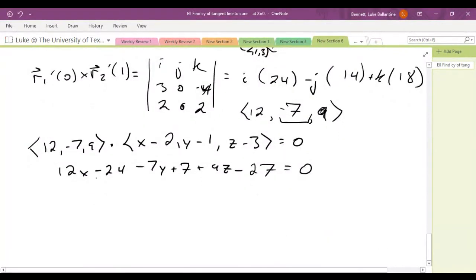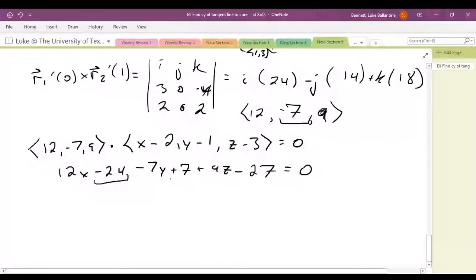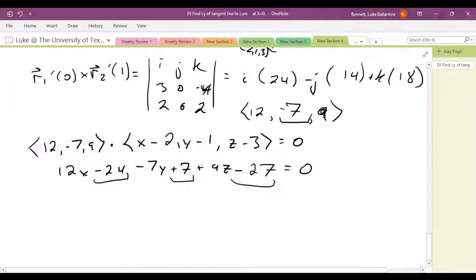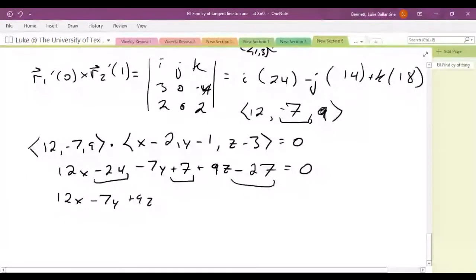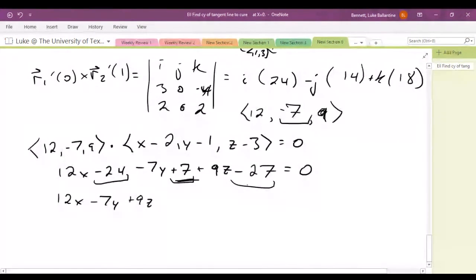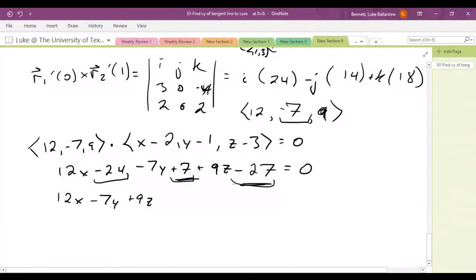Now start collecting the constants. Okay, so 12x minus 7y plus 9z. See, this positive 7 and negative 27 is negative 20. Negative 20 minus 24 is negative 44. So equals 44.